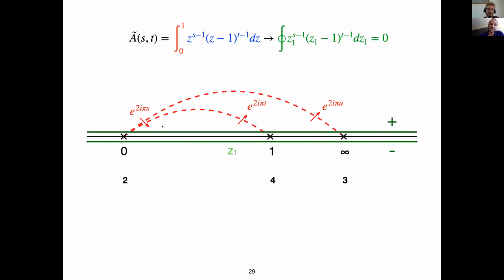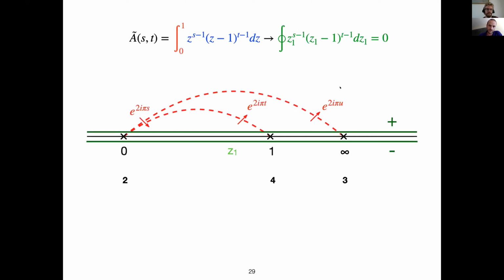I've figured here the monodromies you get when crossing those cuts. Now we have 3 of them, but since S plus T plus U sums to 0, they're not all independent, they're related. That's why S is the sum of T and U, channel monodromies, sorry, the product.